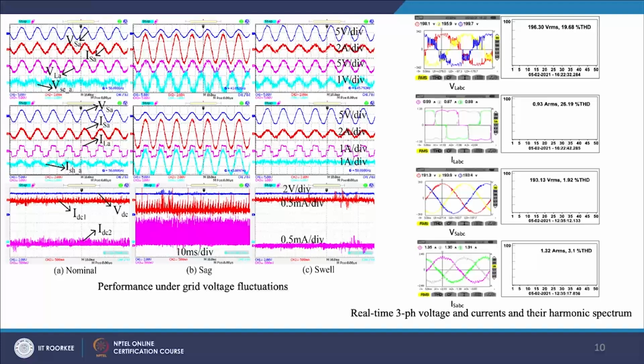Whereas the 3 phase source voltage VSABC is around 192 volt line to line with 1.92% THD, and the source current ISABC drawn is 1.32 ampere RMS value with 3.1% THD.